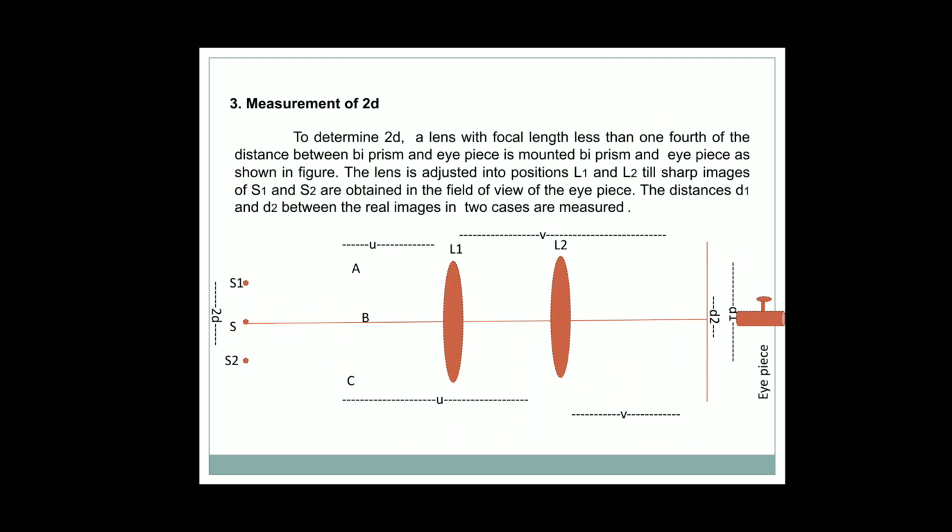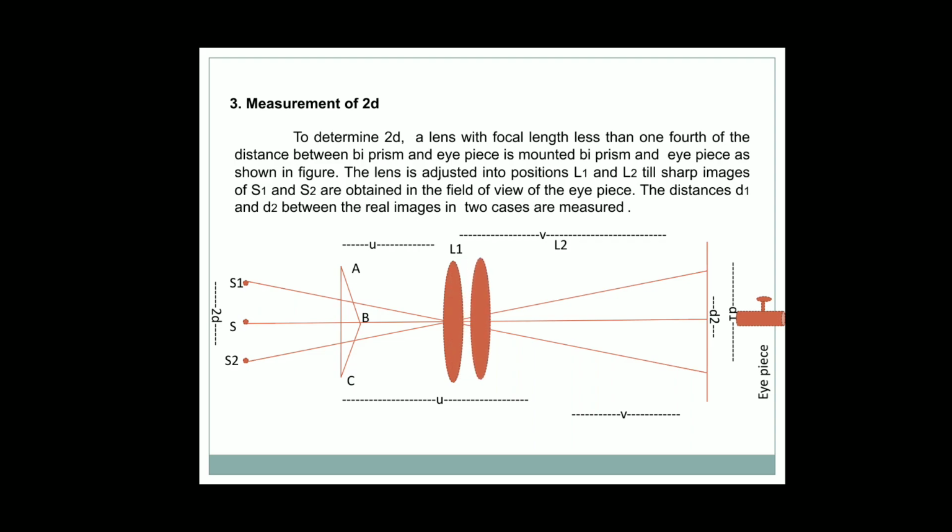For example, if the lens is at L1, the rays coming from S1 and S2 pass through the biprism, and the images can be seen by using the micrometer eyepiece. The distance between the images, d1, can be measured by the micrometer eyepiece, where u is the distance between biprism and lens, and v is the distance between lens and eyepiece.